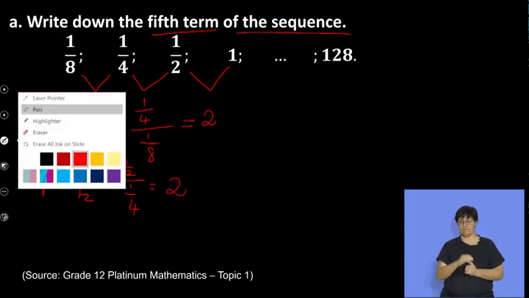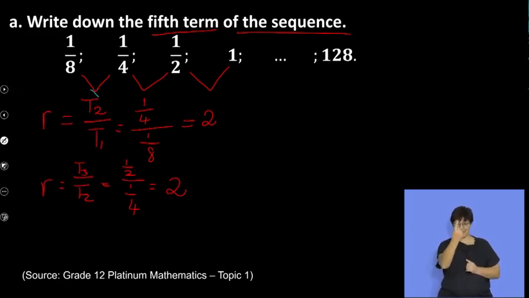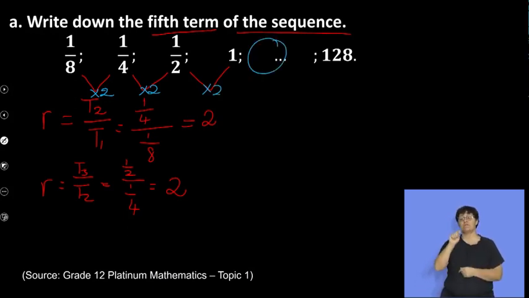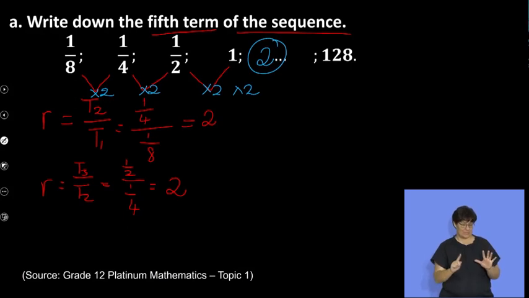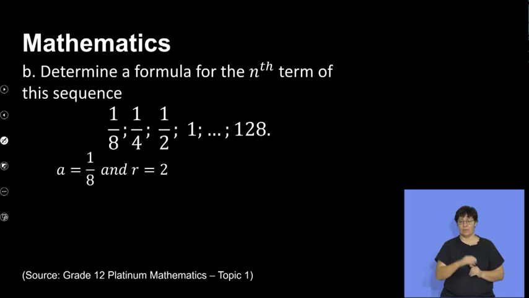So that means that between each term of this pattern, we have multiplied by 2. So in order to determine the value of term 5, I'm going to multiply by 2. So that means that the value of the 5th term of the sequence is in fact 2. Great, guys, let's move on to B.